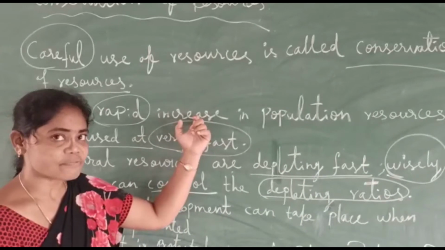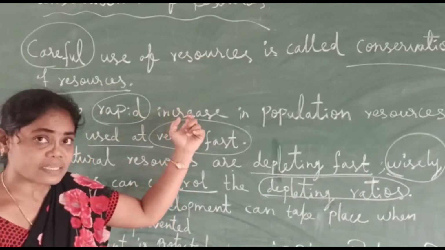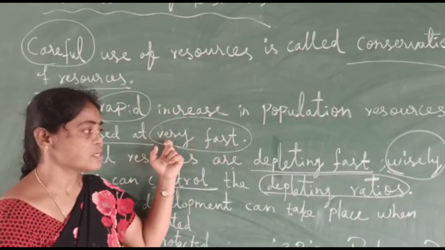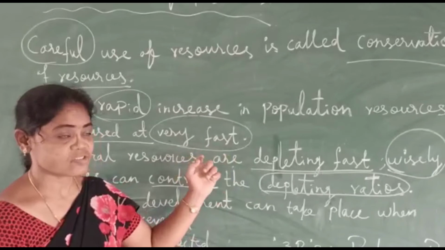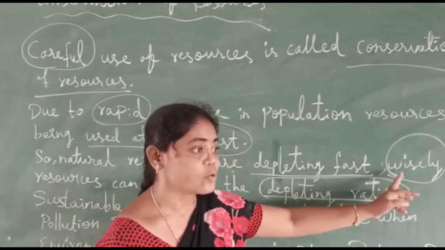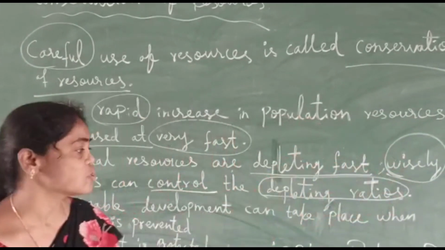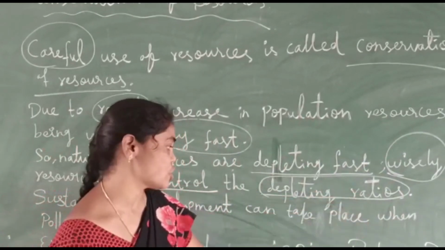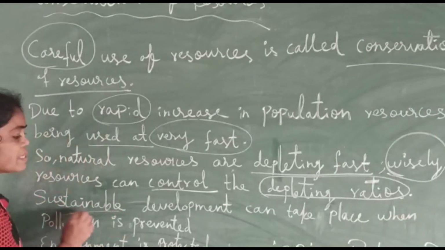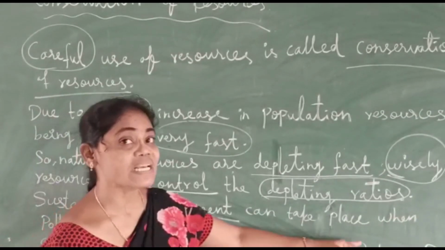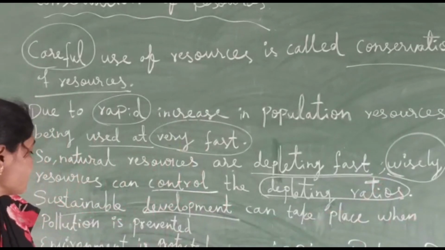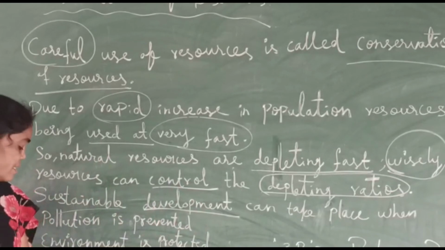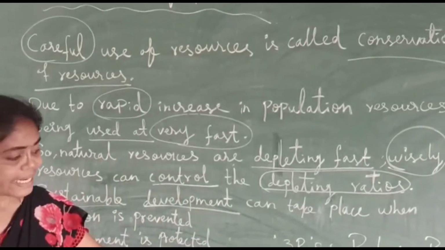Because of the rapid increase of population, resources are being used very fast, so natural resources are depleting fast. For that, we want to use them wisely, in order to control the depleting ratios. So sustainable development can take place when pollution is prevented and the environment is protected.